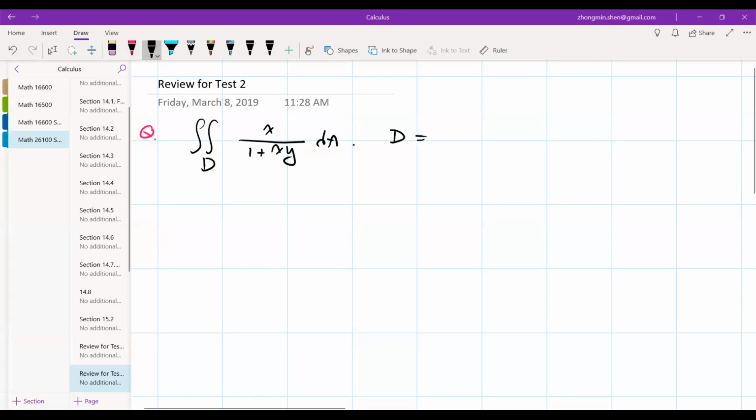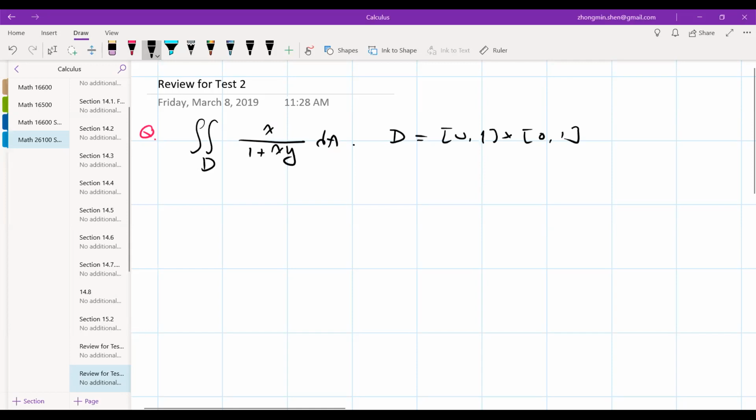Okay, the domain is going from 0 to 1. This is a square actually. So the domain is a rectangle, so it's easy to use Fubini's theorem. It doesn't matter which one you want to use first.